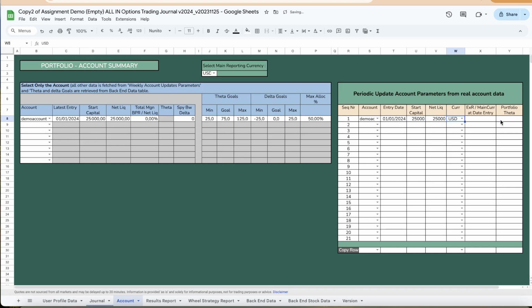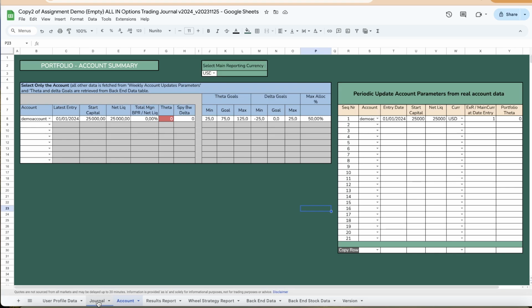Currency, I will select United States dollars, which gives me an exchange rate versus the main reporting currency of 1. And the portfolio data, of course, with no open positions is still at 0. This populates also here in this overview. With this being entered, I can start putting trades into the journal.